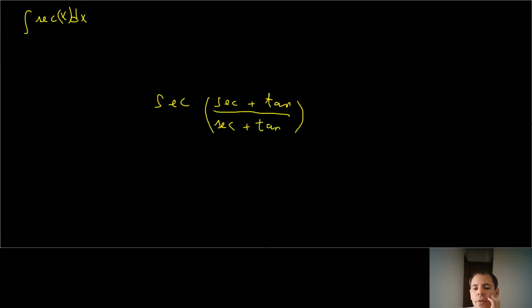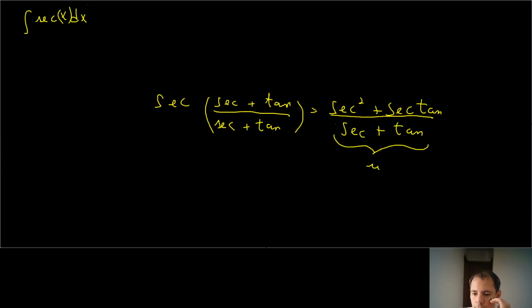Because then you're just multiplying it by 1, you're not changing anything. Well, this is going to be the secant squared plus secant tangent divided by the secant plus the tangent. Well, guess what? If this is u, this is du, okay?